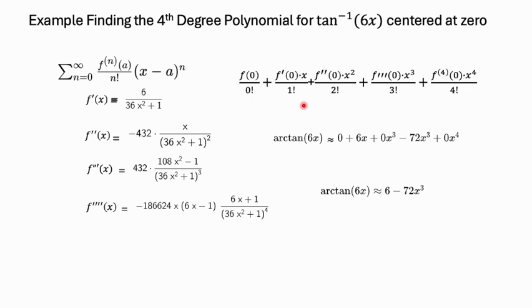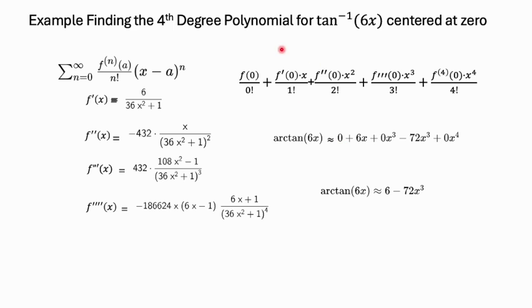So now we have to evaluate the function and all the derivatives at the center, which is 0. So when I plug in 0 for my function f, I get that the inverse tangent of 0 is 0. So this term is going to be 0, and I have that listed here. So this is when n is equal to 0.